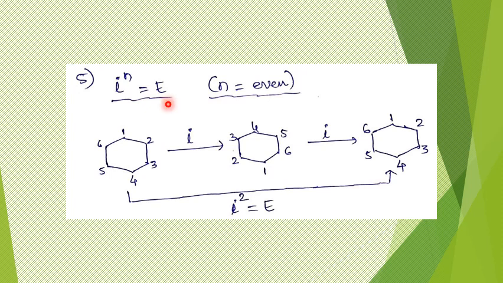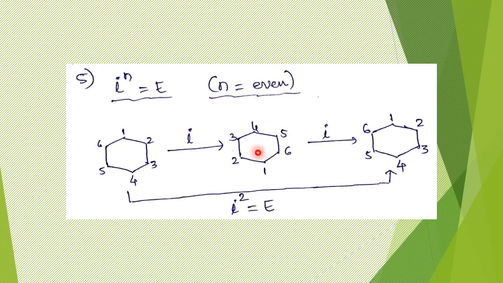Okay, next we shall consider the same thing for the inversion operation. So I raised to n is equal to E when n is even. Now we shall see this relationship. From this benzene molecule's first orientation to this orientation, this is the inversion operation. If you do not know what inversion is, please watch my previous video.